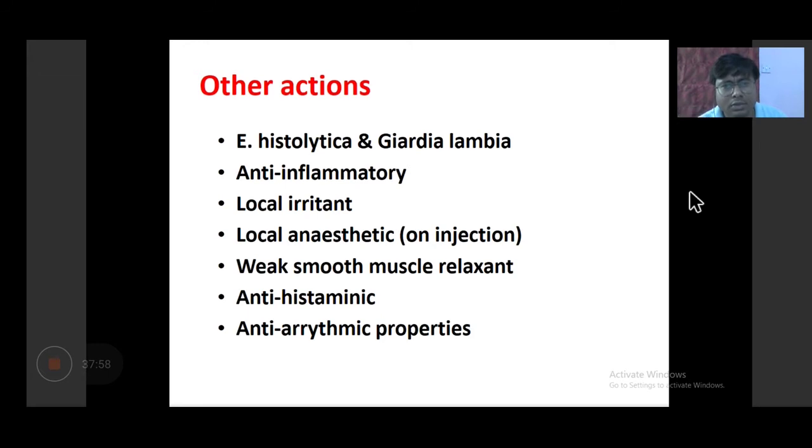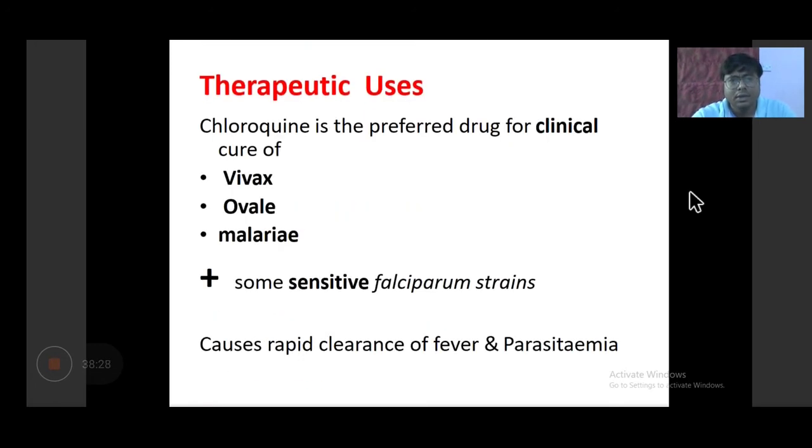So these are amoeba basically, and in amoeba also chloroquine is used. In anti-inflammatory disease also it is being used. It causes local irritation, and local anesthetic action is also there. It has weak smooth muscle relaxant property, and antihistaminic and antiarrhythmic property as well. Antiarrhythmic property of quinine, maybe you already read, as maybe CVS is complete. So chloroquine also shares some antiarrhythmic property.